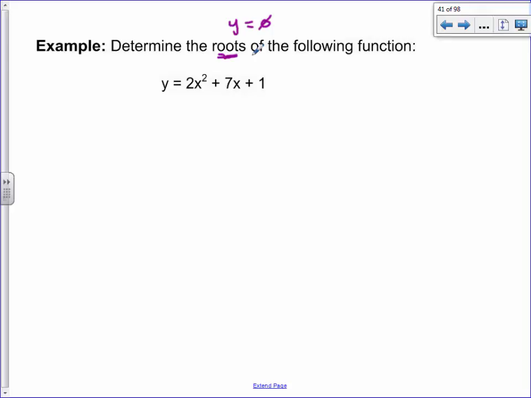So if I ever use that phrasing, what this really means is this y right here is equal to 0. That's all. And if you're finding the roots, then when y equals 0, it means find x. So we're going to solve for x. Really, this is the same thing we've been doing. I wanted to show you a new way of phrasing it, because you may come across that somewhere.